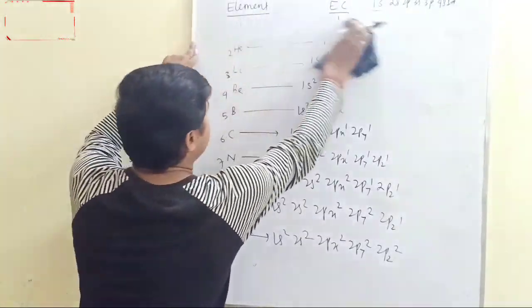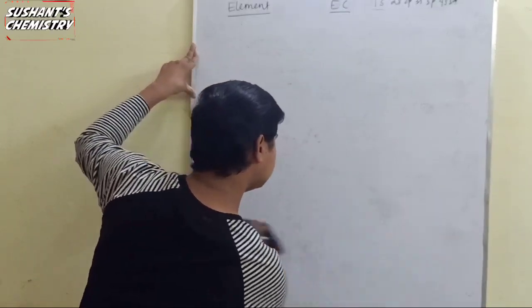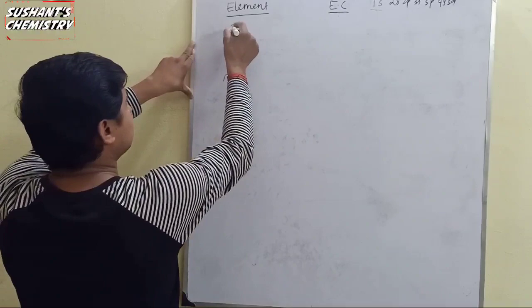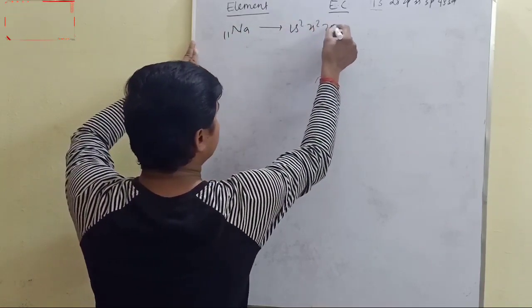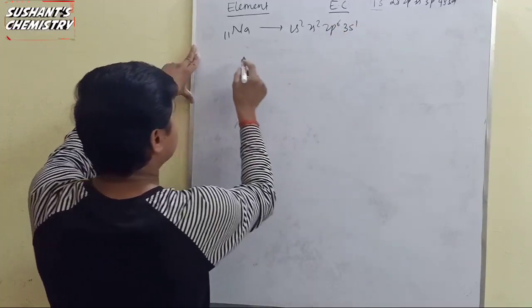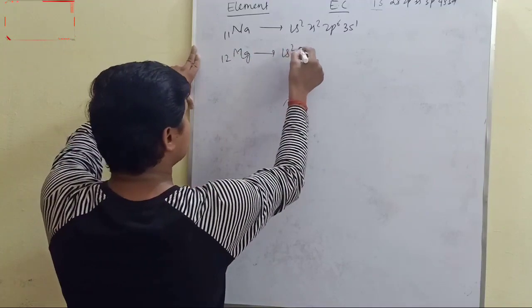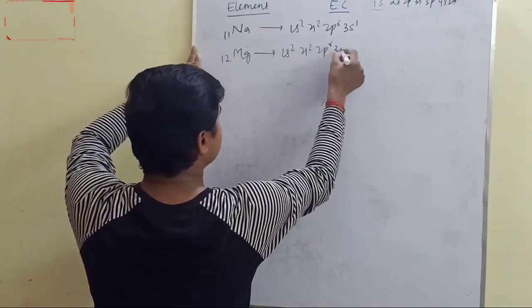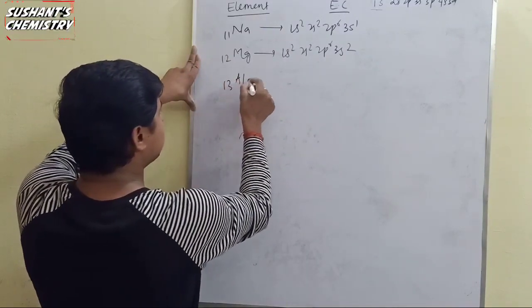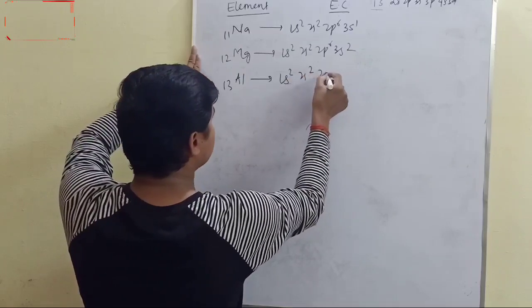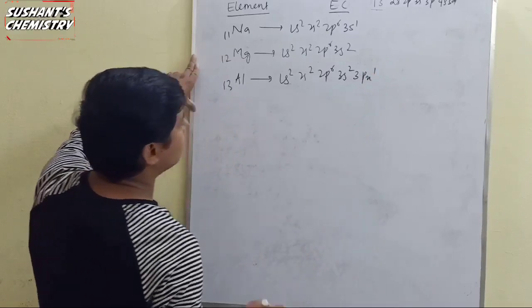Similarly, for sodium 11, 1s2 2s2 2p6 3s1. Magnesium 12, that is 1s2 2s2 2p6 3s2. Aluminum 13, that is 1s2 2s2 2p6 3s2 3px1.